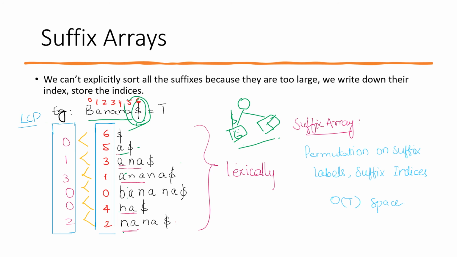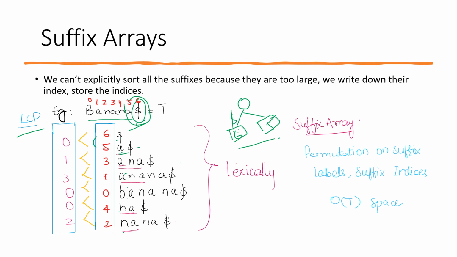After writing the offsets for these sorted lexical suffixes, we'll construct an LCP for this. The longest common prefix: if there is a common prefix between two adjacent strings, we write its length.